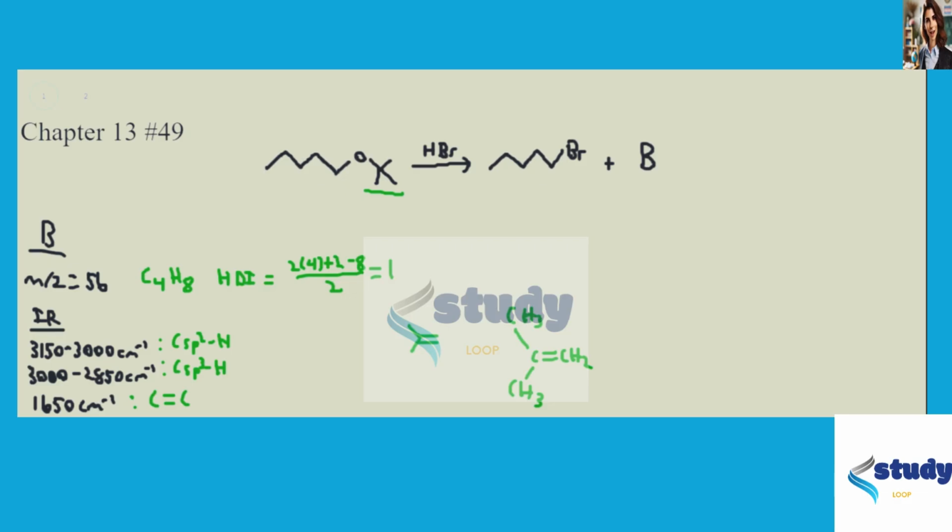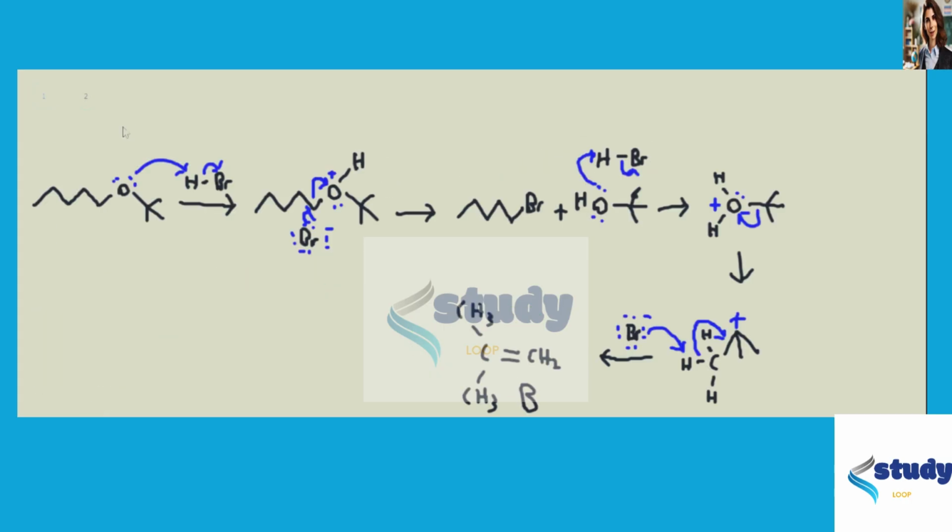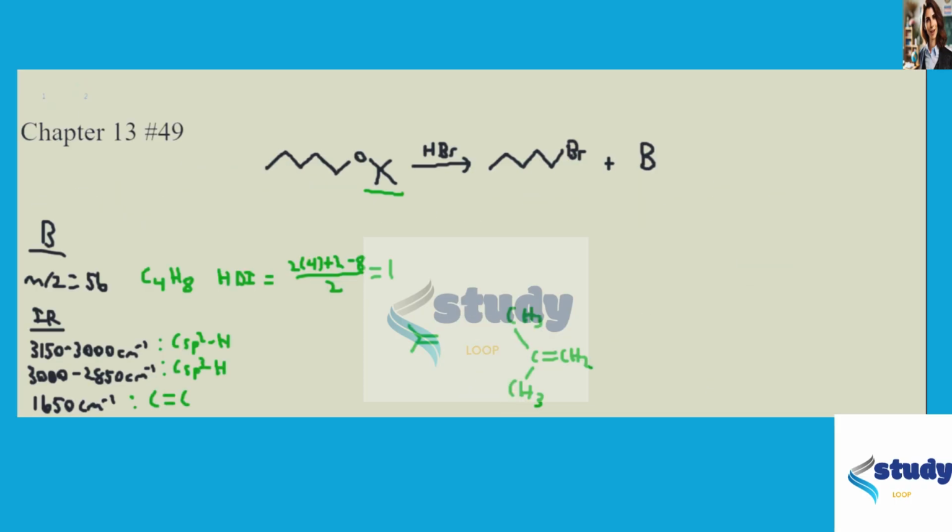So that's how to solve this problem using spectral data: use the m/z, the molecular ion that we're given, to figure out a formula, calculate an HDI for that formula, look at the IR data, and piece it together from there. Then we were asked to draw a stepwise mechanism, which is here on page 2. And so that's the answer to Chapter 13, problem number 49.